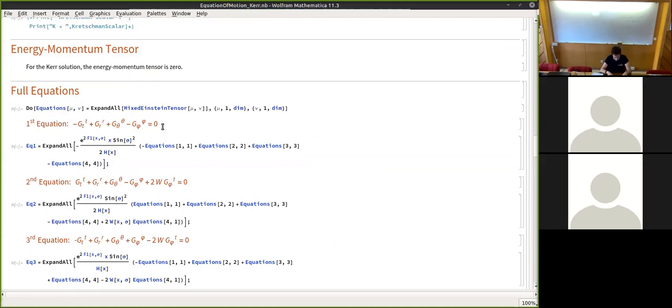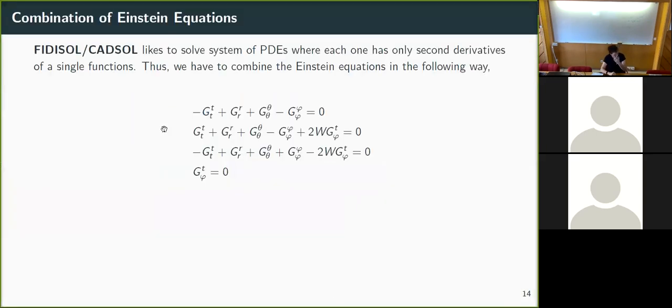Here, instead of using all the equations as they are, you will do a combination of the Einstein equations. This is done because CADSOL likes to have all the PDEs written as having only one function with second derivatives.